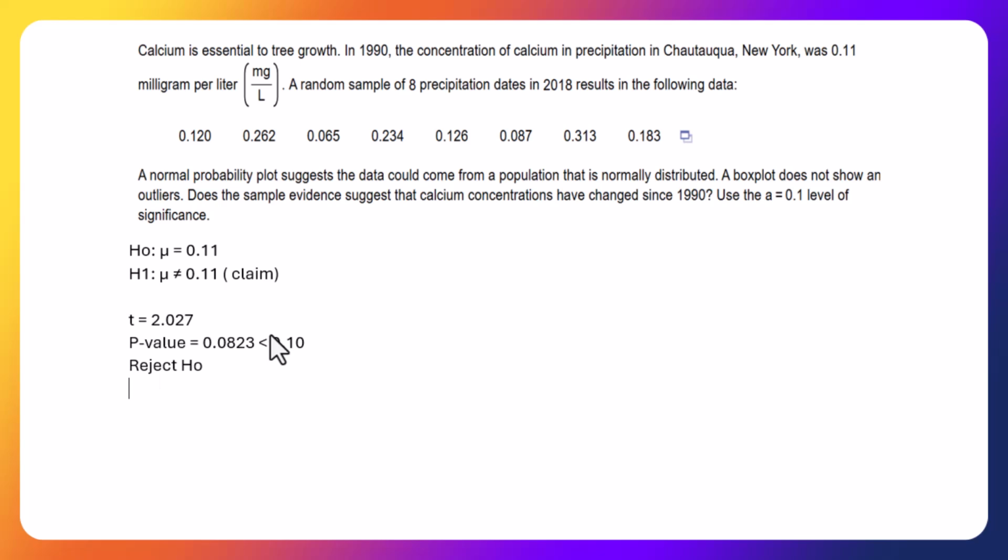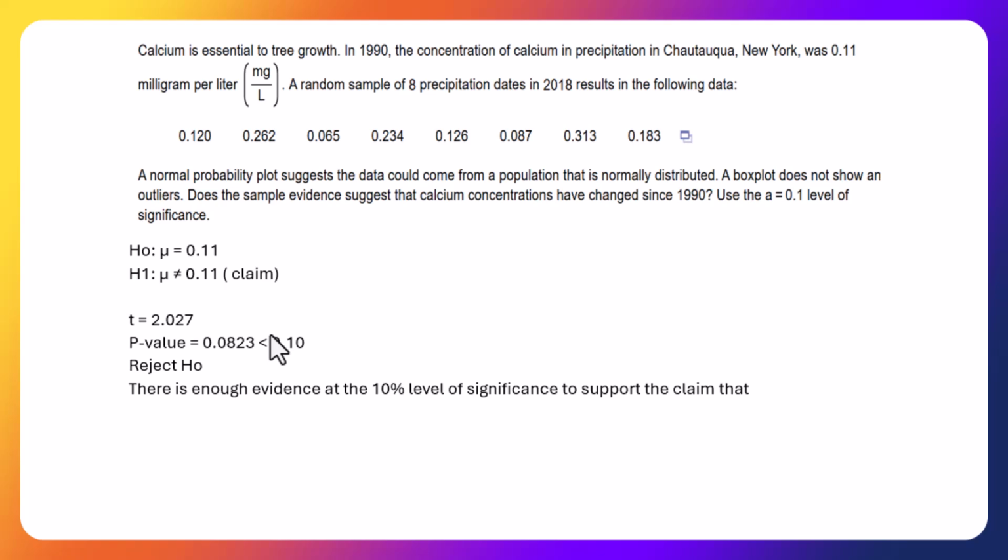The null hypothesis. If you reject the null hypothesis and the claim is in the alternative, you support the claim. You say there is enough evidence at the 10% level of significance to support the claim, and you need to write the entire claim.